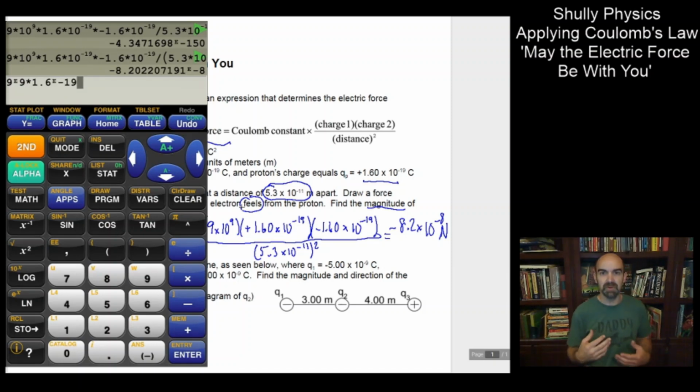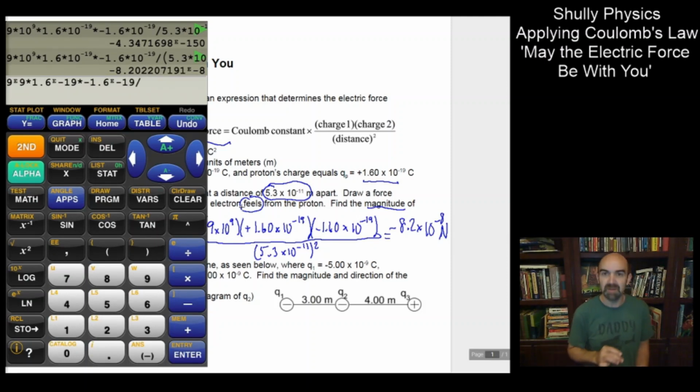So notice I didn't put in the times 10 to the power of, just 1.6 E negative 19. That's it. You'll notice already it's a little bit shorter. There's less key presses. I don't have to push the arrows to move around to get in the right place. I'm going to do a negative 1.6 E negative 19.